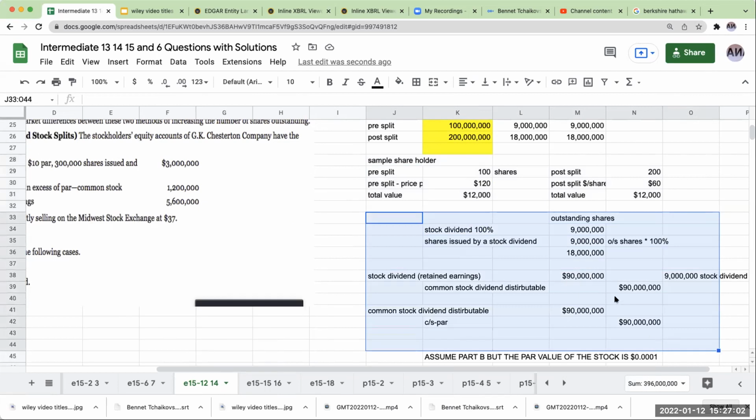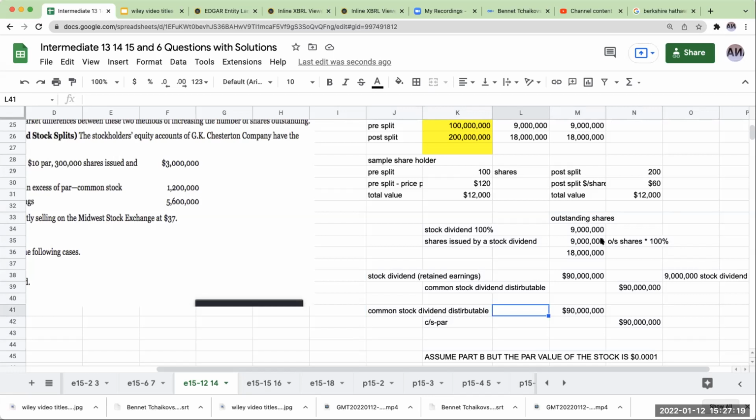I've never really encountered this with publicly traded companies. I've never seen a stock dividend of that magnitude, because it's almost like a dividend or a split hidden in disguise. And this could possibly cause market disruption.